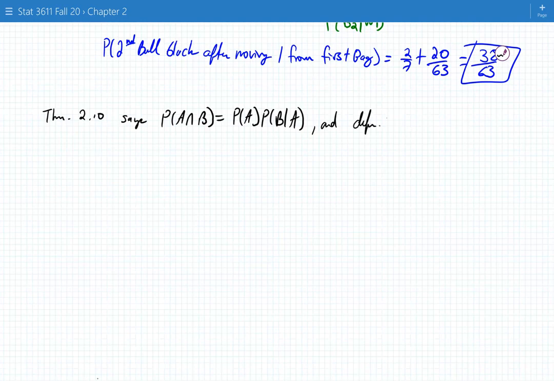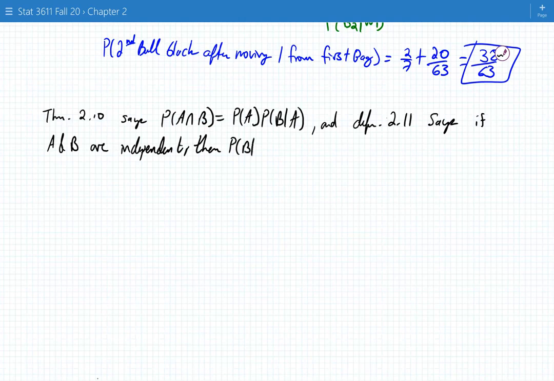And definition 211 says if A and B are independent, then the probability of B given A is, well, if A and B are independent, then that's just the probability of B. And so we can combine these things, and then we would ourselves just derive Theorem 211 for us.